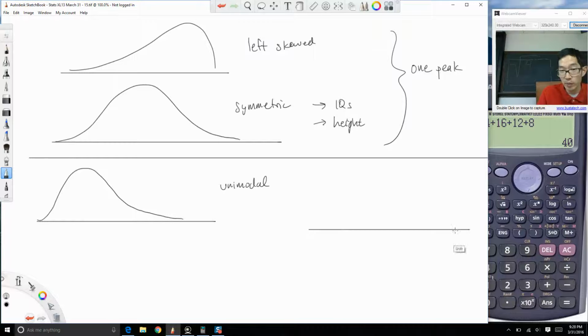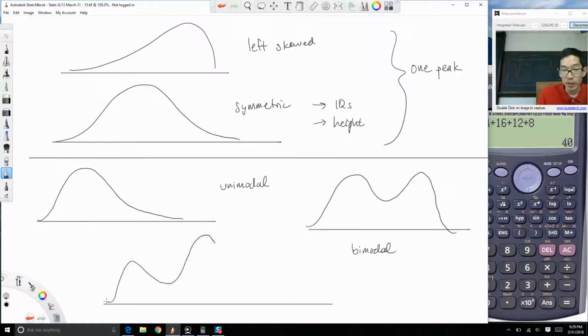You have bimodal. Okay, 2 peaks. And then anything with more than 2, we generally say multimodal.